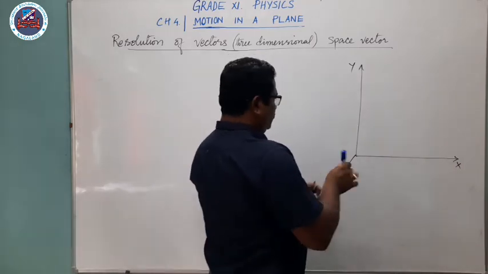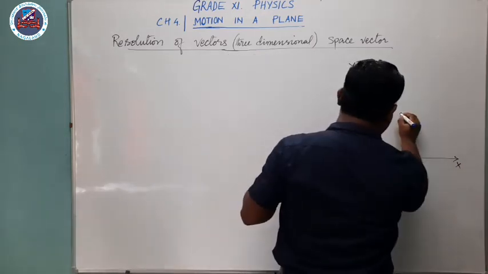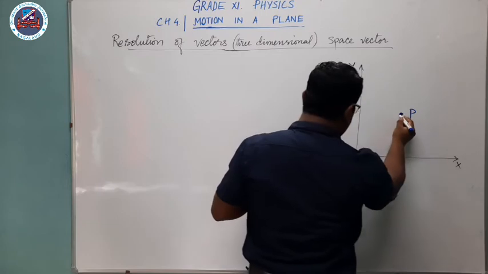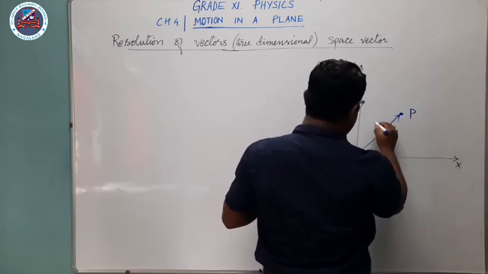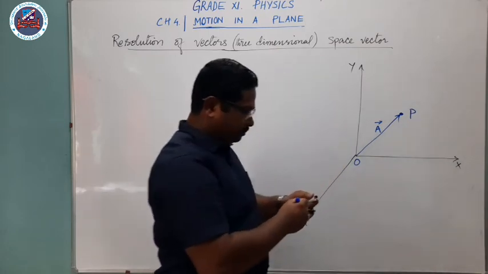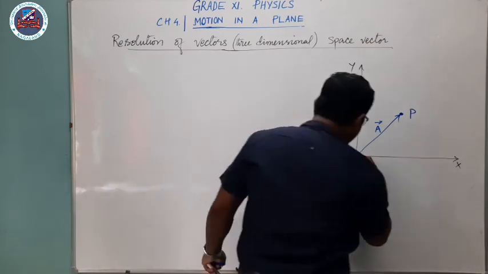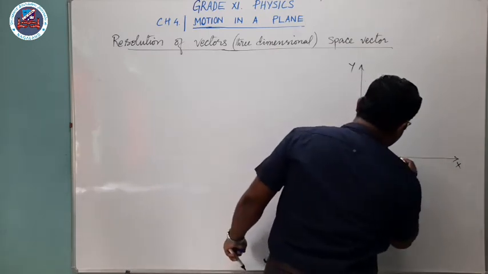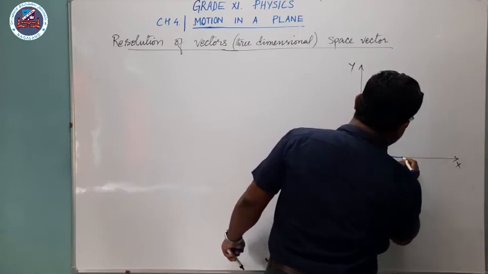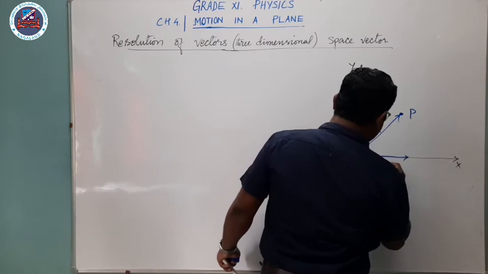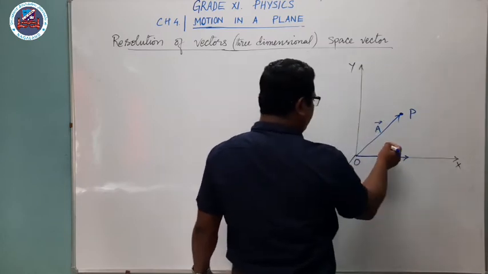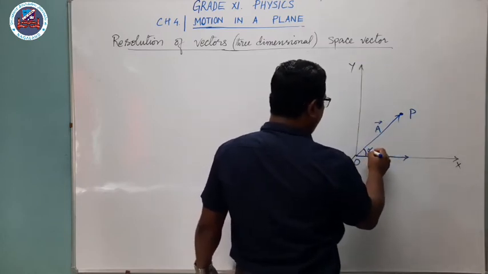Then you locate one point P, and the vector from the origin we call the position vector, represented by A. Along the x-axis we take Ax, and the angle with the x-axis let us take as alpha.